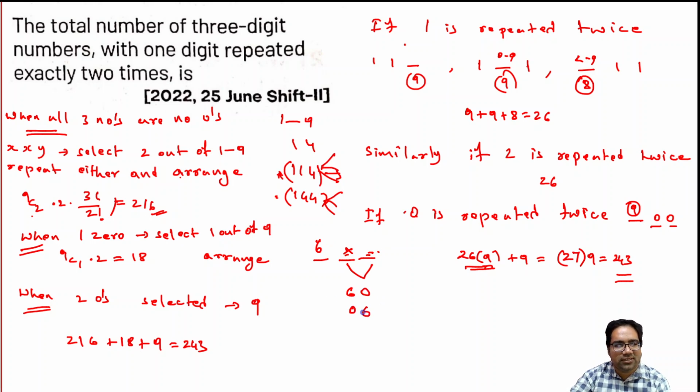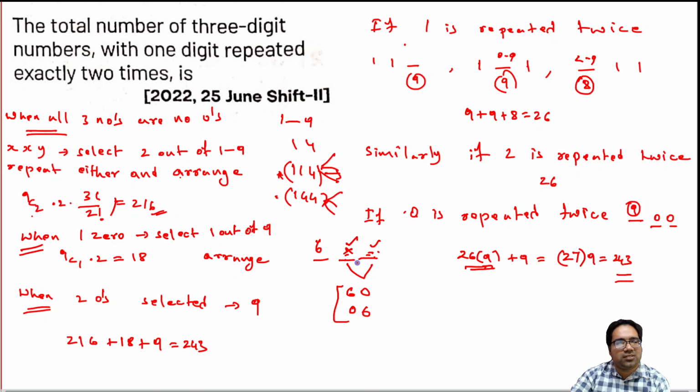But 0, 6 and 6, 0 both we can write. One non-zero number, 1 to 9, we can pick, so there are 9 options. And then 0 and 6 or 6 and 0, or 0 and 7, 7 and 0, whatever, because 0 is already selected. We can put it here or here, so there are two options. So 9C1 is 9 into 2, which is 18.